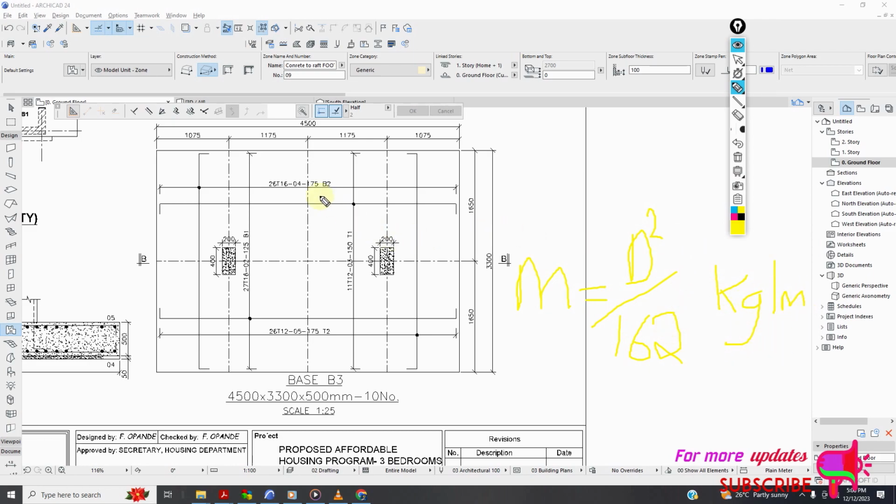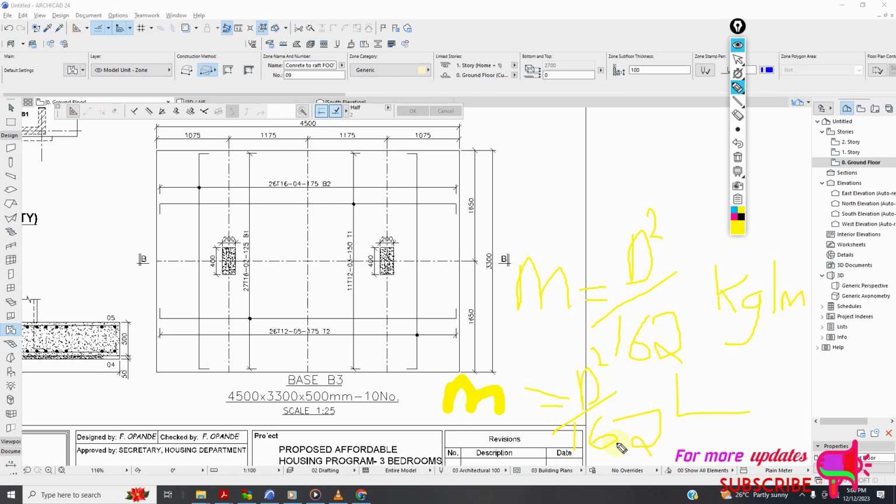So to find the number of kgs, the formula for reinforcement is, M should be equal to D squared, that is the diameter squared, over 162, times length.